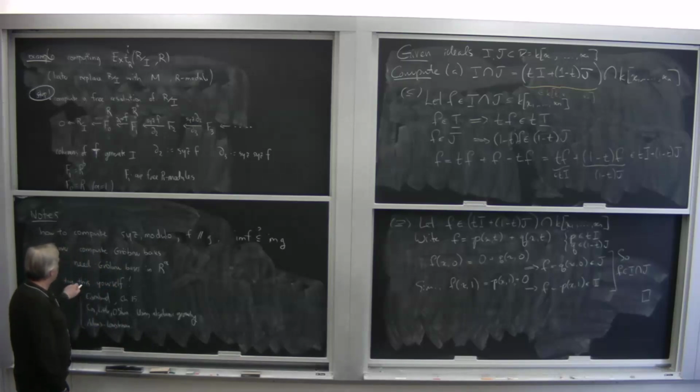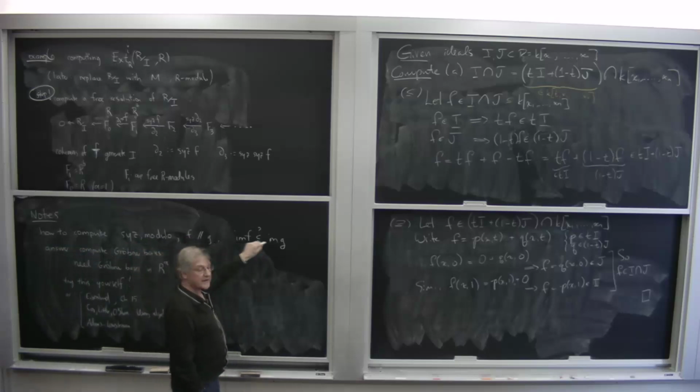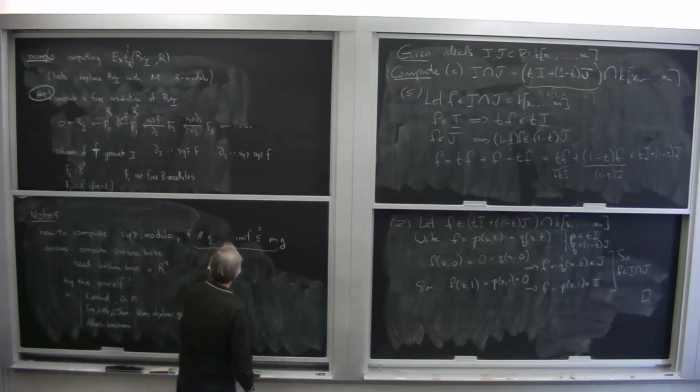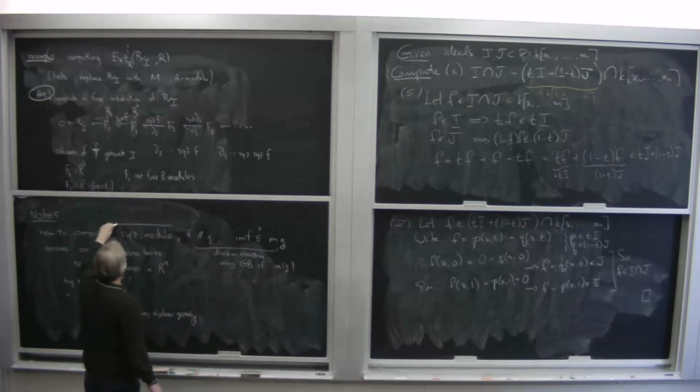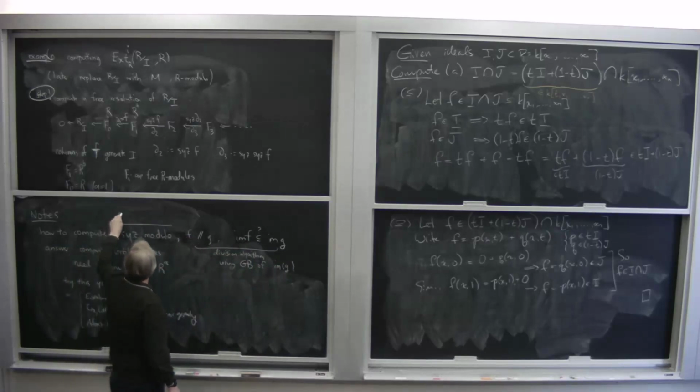Anyway, once you have a Gröbner basis of the image of G, this is just the division algorithm, keeping track of what's being divided by. And same with this one. So these are both division algorithms, using a Gröbner basis of the image of G. These two use a Gröbner basis to compute syzygies.